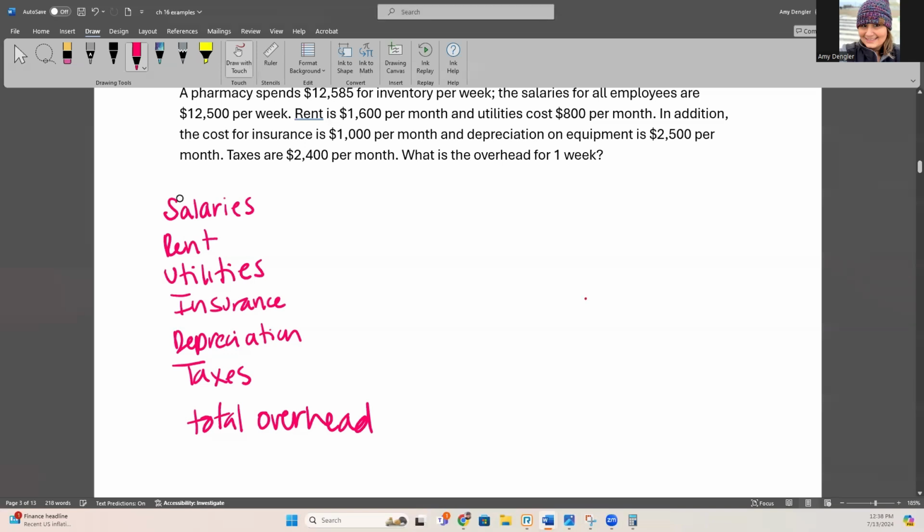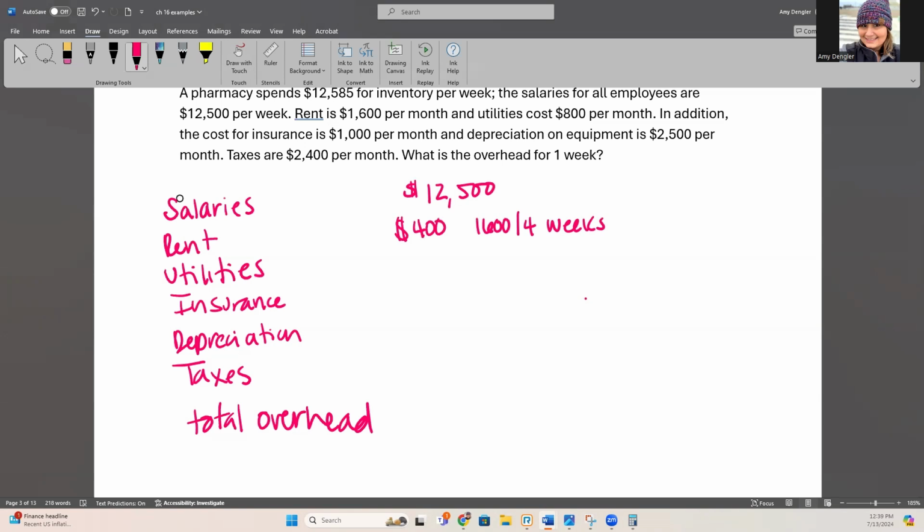All right, so the salaries were 12,500. The rent was 1,600 per month, so we would do 1,600 divided by 4 weeks. And that would give us $400 per week.